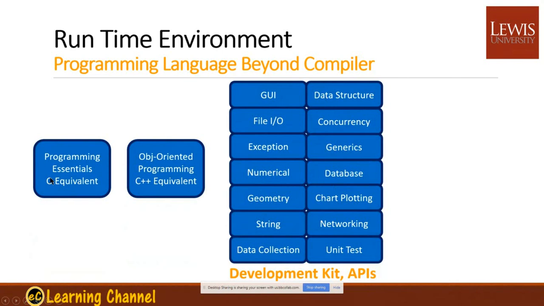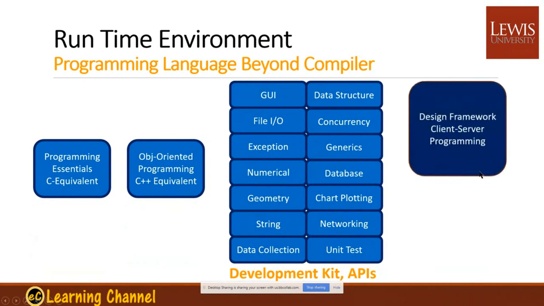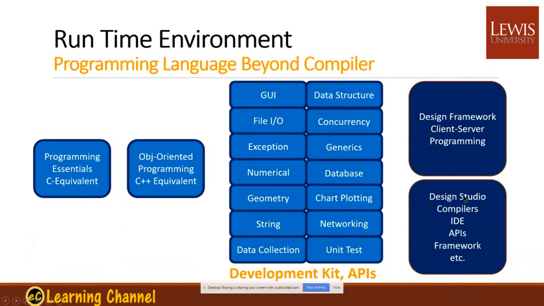If you pick a language, you need to know the basic structure, the object-oriented programming features, the whole development kit and API issues, then design frameworks, the client-server programming model, and design studio. So after you pick a language, you need to find a runtime environment and development environment. That's how you choose a whole language and its supporting system.